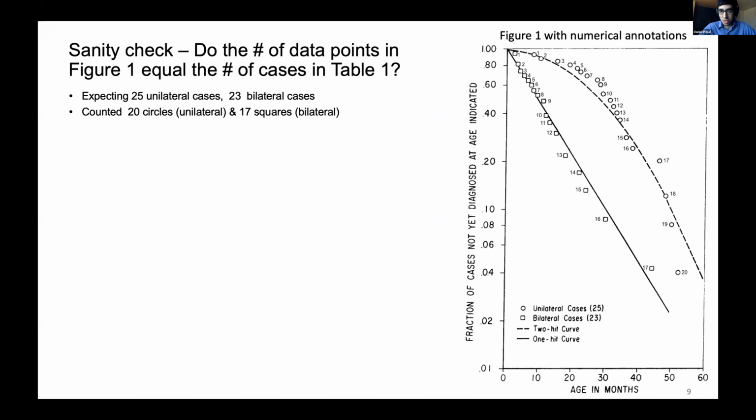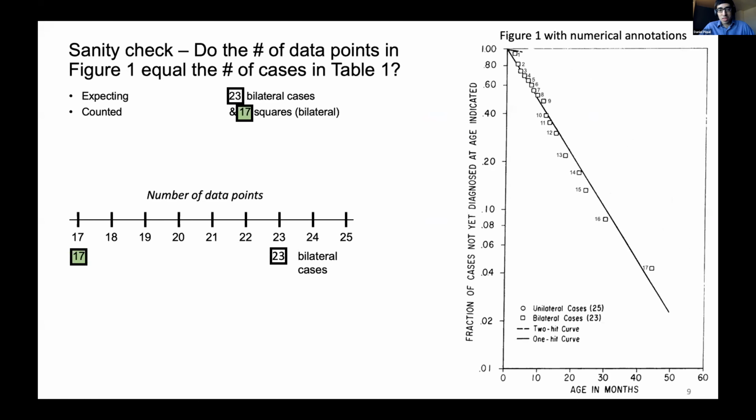So what I did was count the number of data points per type of case, and these annotations are mine. I was expecting 25 unilateral or circles and 23 squares, just based off the legend here. But when I counted, I only saw 20 and 17 respectively.